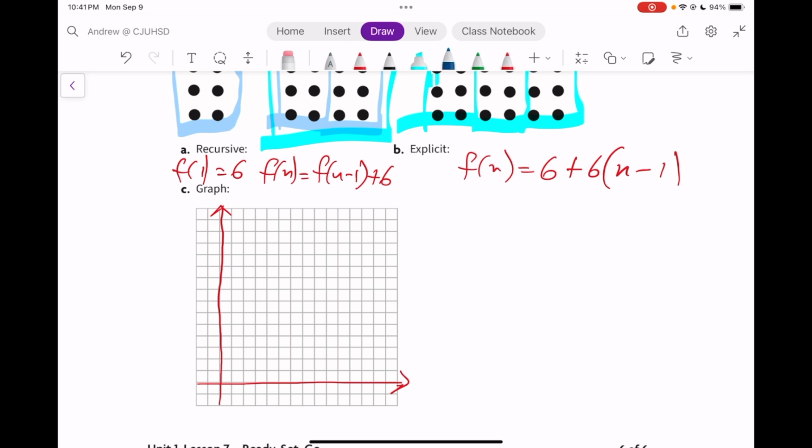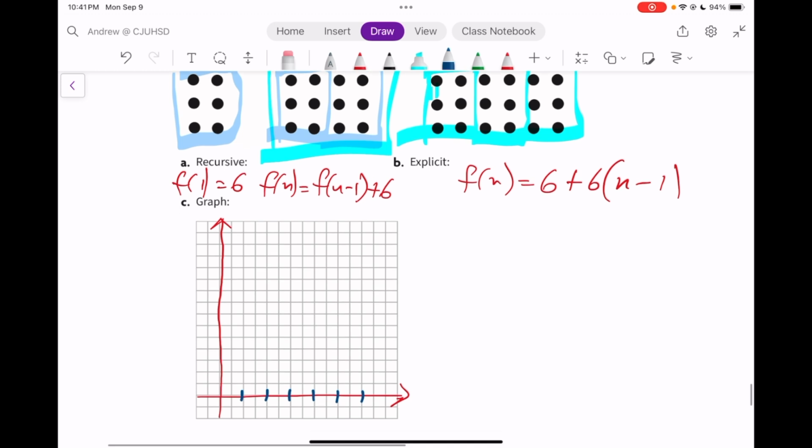Okay, so 1, 2, 3, 4, 5, 6. And let's see, how about vertically if I go every 2 is 3? How about if I go 3, 6, 9, 12, 15, 18.